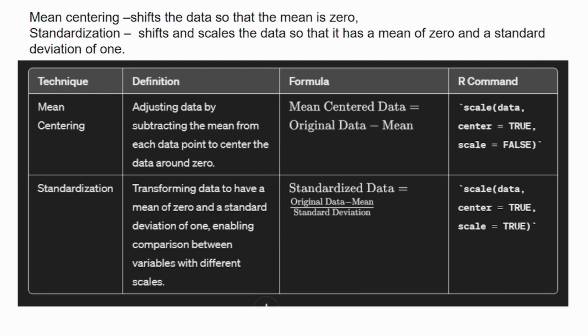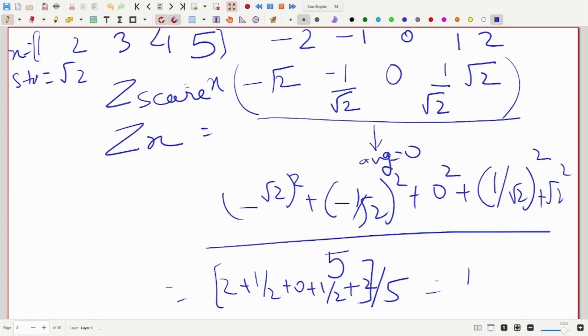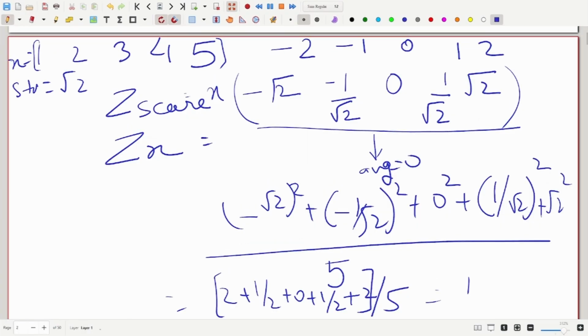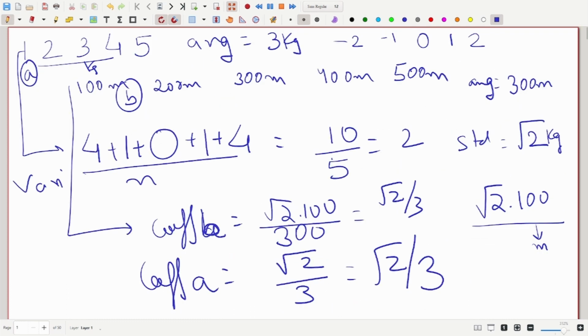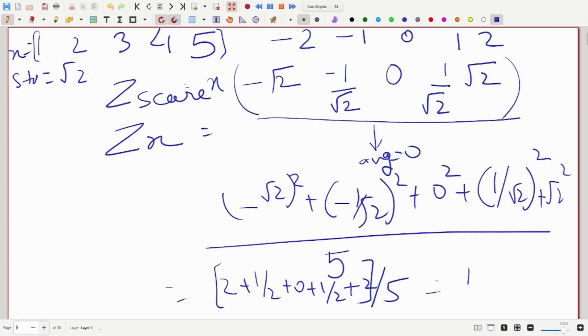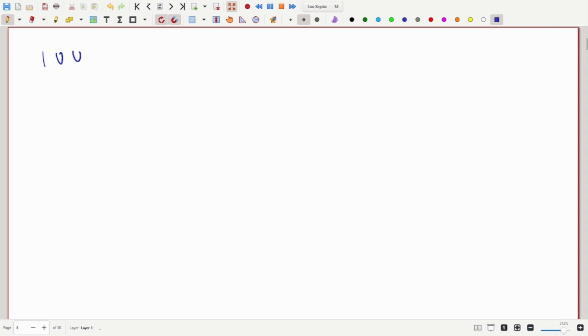Now, wow, again we will see this. What does it mean? Here again, if you see the standardized data, let us talk about 100 meter, 200 meter, 300 meter, 400 meter, 500 meter. Okay.